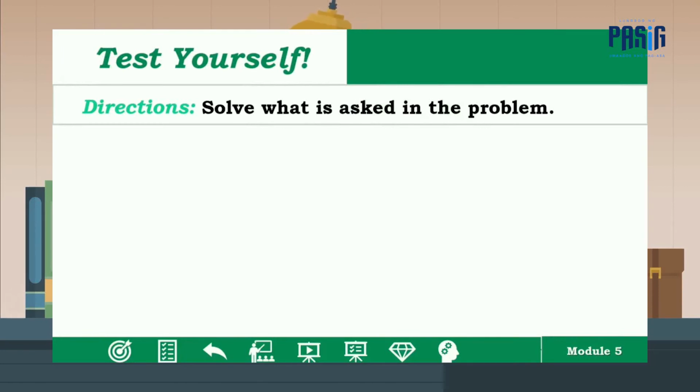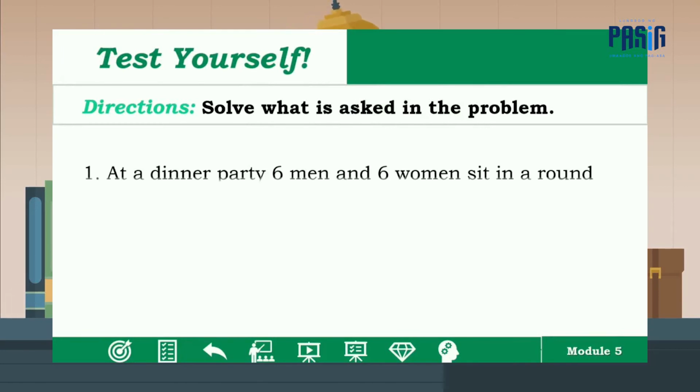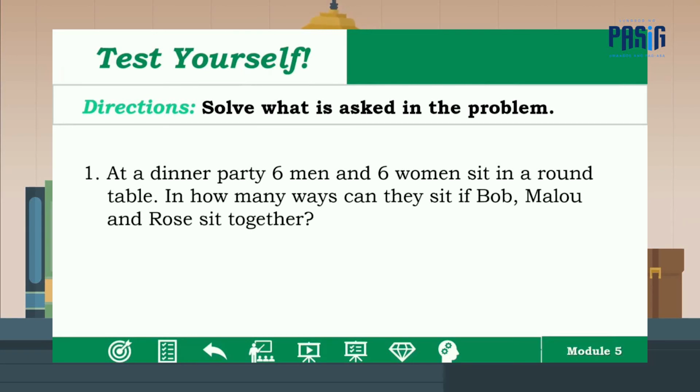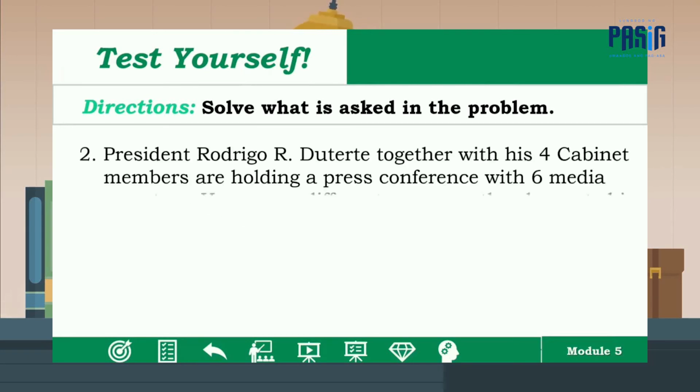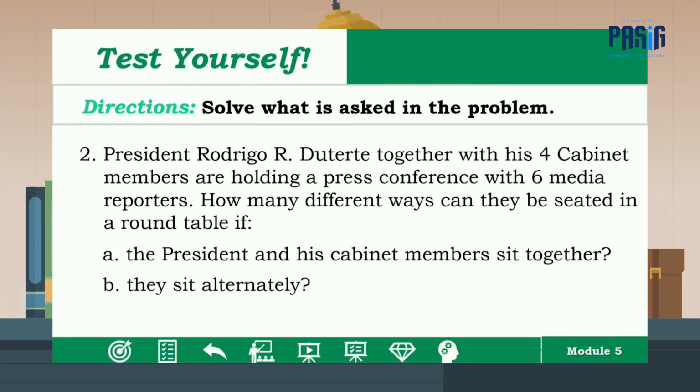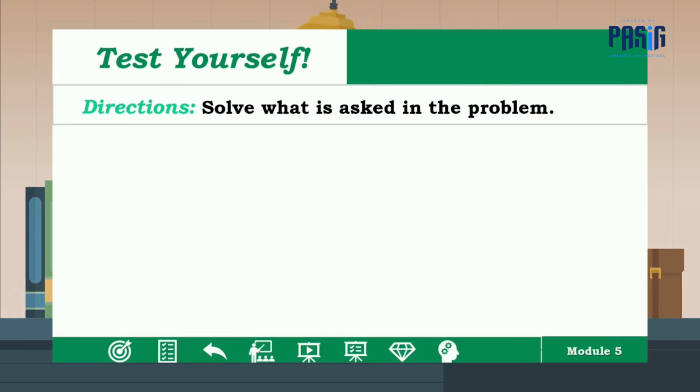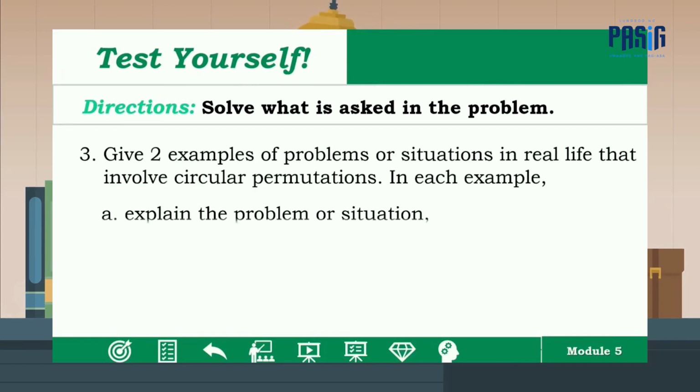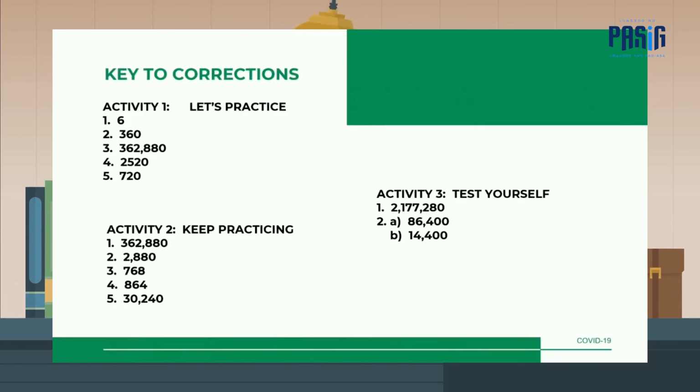Direction: solve what is asked in the problem. And here are the key to corrections.